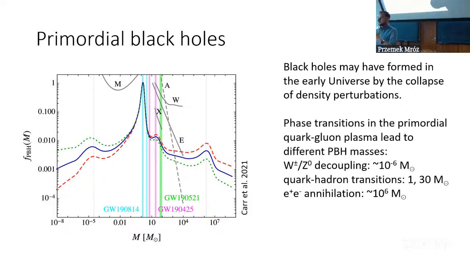Transitions of quarks into hadrons may have led to the formation of objects with masses roughly 1 to 30 solar masses. So perhaps LIGO Virgo mass black holes. And annihilation of positrons and electrons in the plasma may have given rise to supermassive black holes with masses millions of times larger than that of the Sun.